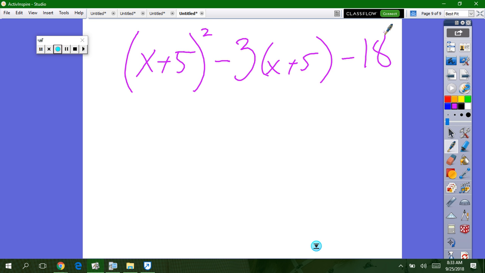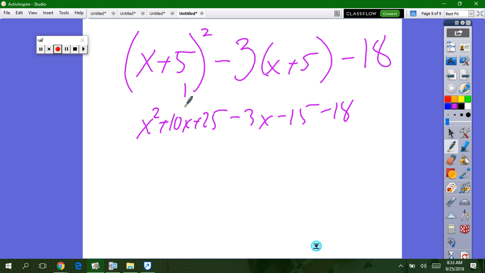Is that something we can factor? Yes, it is. What are 2 ways I could do this? One, I could just distribute through and get everything and make it just a trinomial. Okay? You guys get what I'm saying by that? Meaning, this would be x squared plus 10x plus 25 minus 3x minus 15 minus 8.